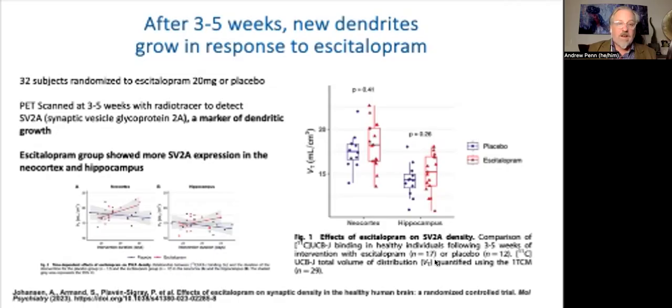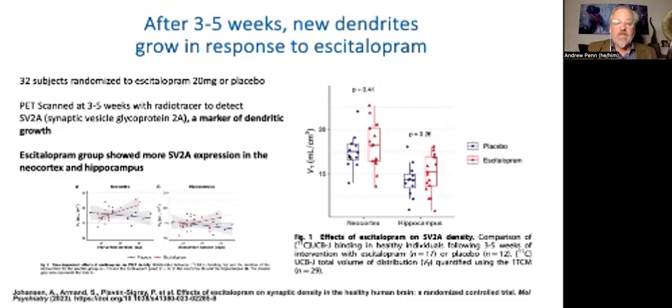In this study, they gave patients either escitalopram, 20 milligrams, that's Lexapro, or they gave them a placebo. And then after 3 to 5 weeks, they stuck them in the PET scanner. What you see on the right here is that the group that got escitalopram had, on average, more of this dendritic growth in areas such as the hippocampus and the wrinkly part of the brain, the neocortex, compared to the group in the darker color here, which got the placebo.